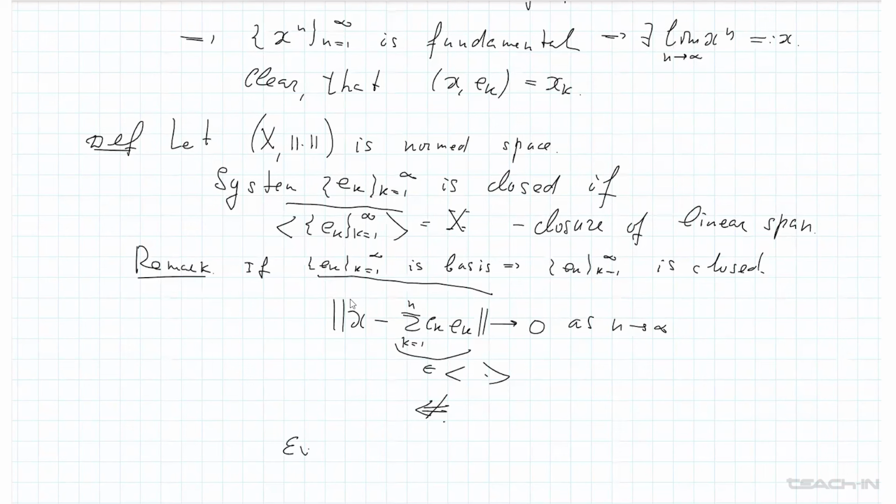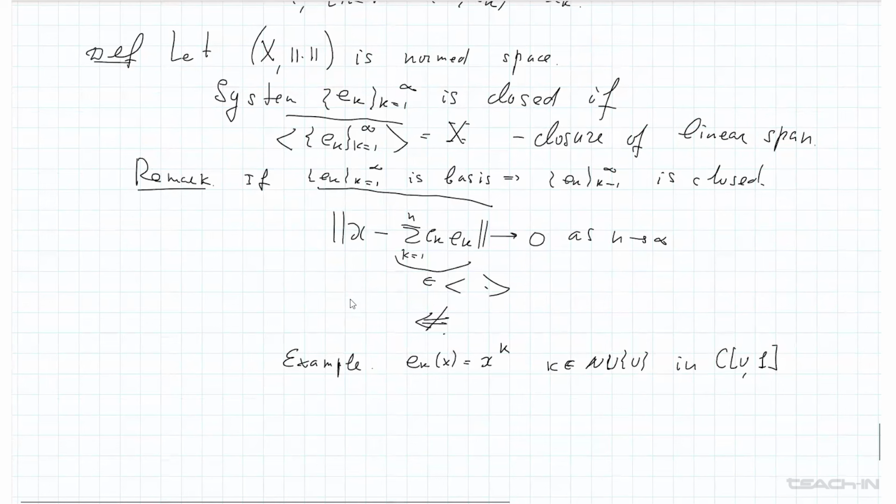Example. Weierstrass theorem. We consider x^k, k natural and zero, in this space.